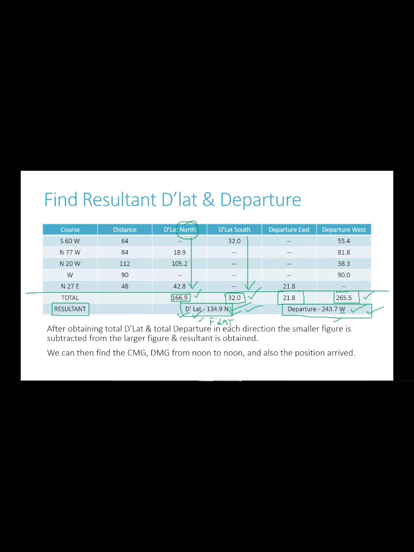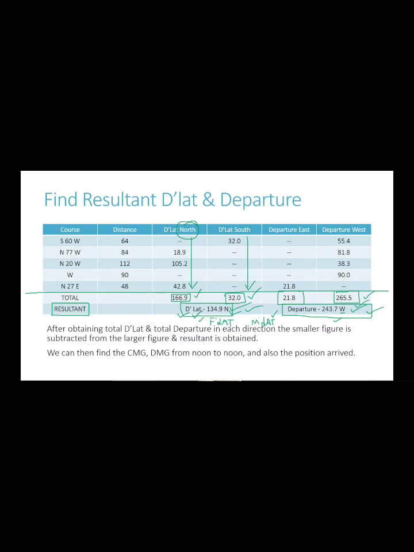Now when you have the initial latitude and final lat, तो हम mlat भी निकाल सकते हैं. हमारे पास mean lat भी आ गया. Right? Now when you have mean lat, okay, so you have the departure. You can find out the d long also. Departure is equal to d long into cos of mlat.